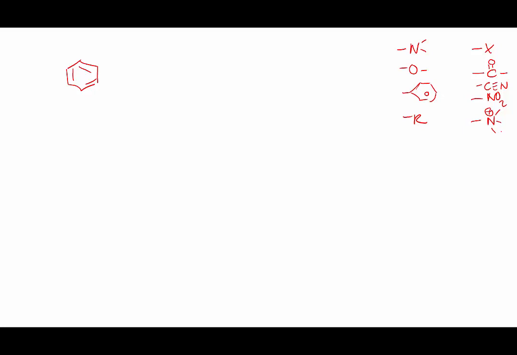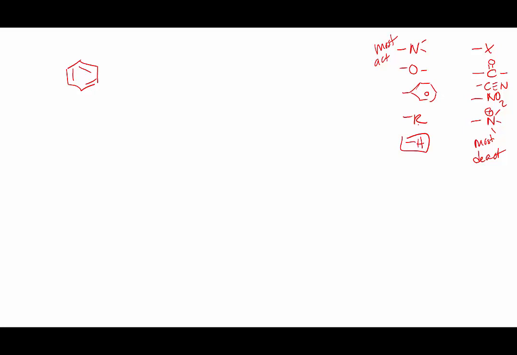And this table that's in the PowerPoint notes goes from the most activating down to the most deactivating. And an H would be number 5, because that's a benzene ring. So everything above hydrogen reacts faster, everything below hydrogen reacts slower.